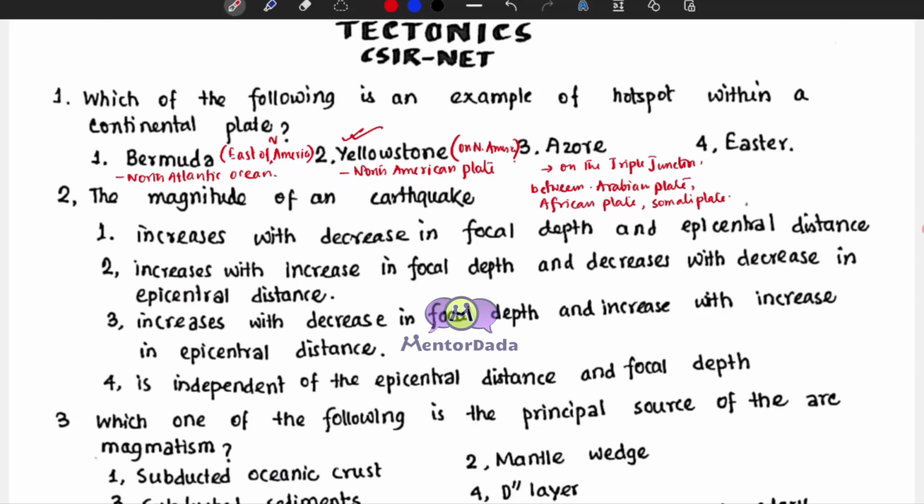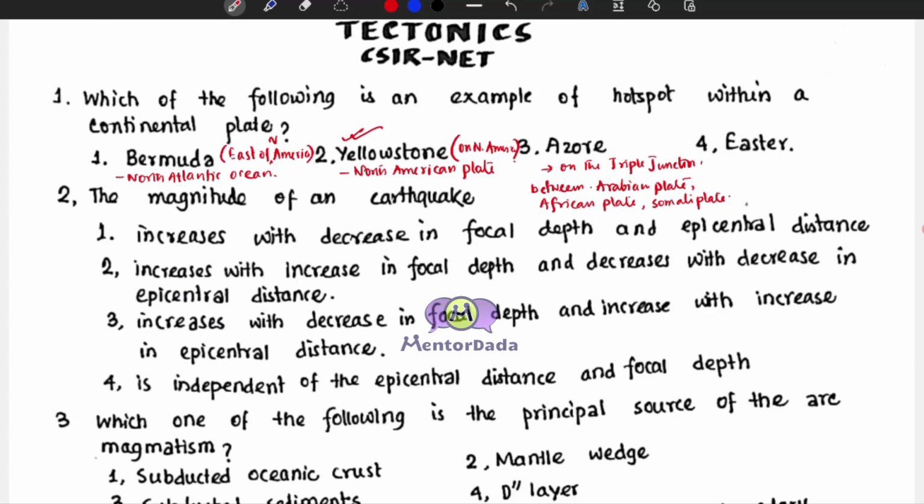This is not situated on the continental part, rather on the Gulf of Aden, or at the junction between the Red Sea and Gulf of Aden. So Azores will not be a correct answer for this question.